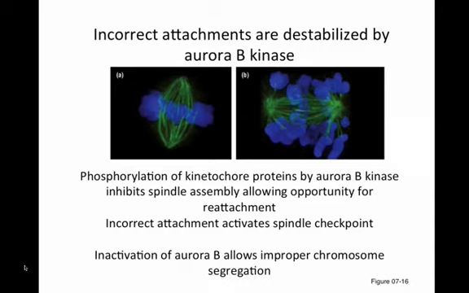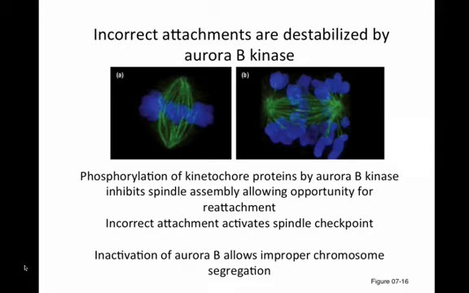So Aurora B kinase is going to phosphorylate the kinetochore proteins, and that will cause detachment of the mitotic spindle. So the microtubule will detach, and it will allow for another try. There's a certain number of rounds of tries that the cell will allow to get it right, and then at some point, incorrect attachment will activate the spindle checkpoint.